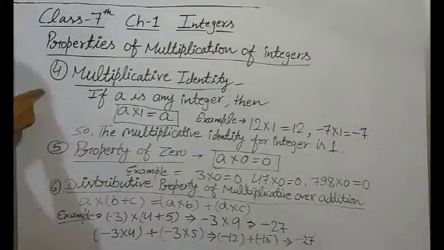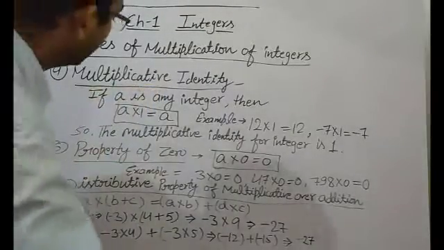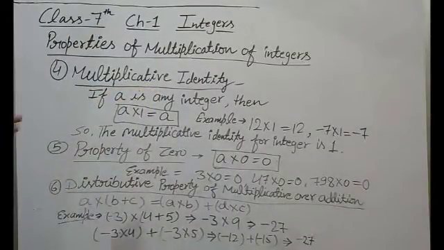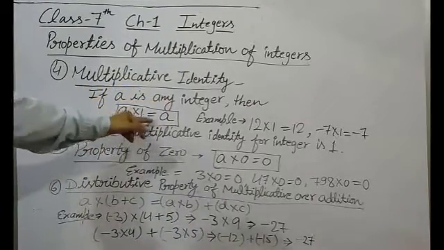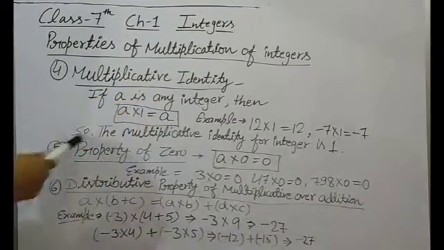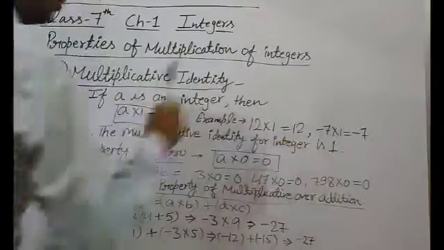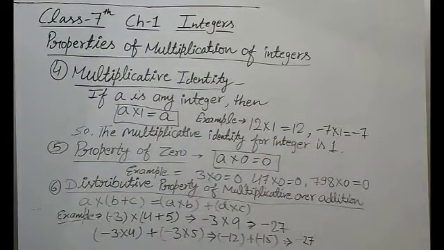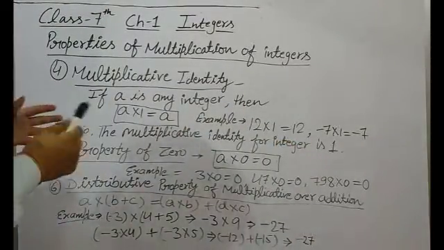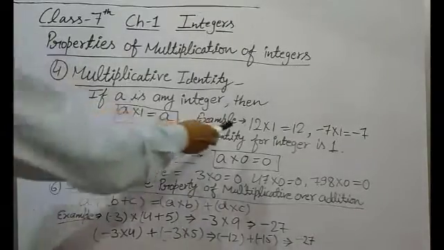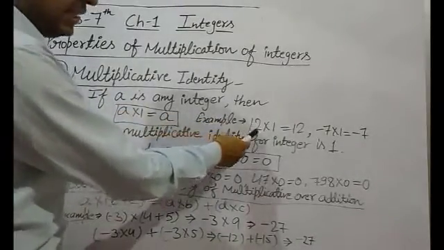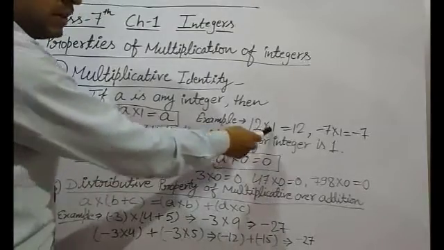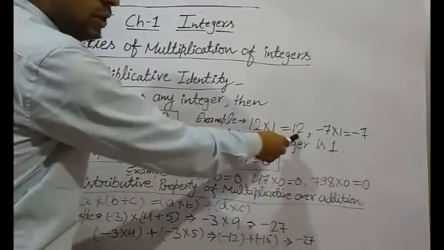Property number 4, multiplicative identity. In this identity, if a is any integer, then a multiplied by 1 is equal to a. So the identity of multiplication is 1, because any integer when we multiply by 1, we get the same integer. For example, an integer is 12. When we multiply 12 by 1, we get 12.